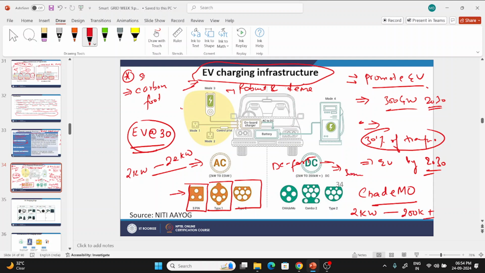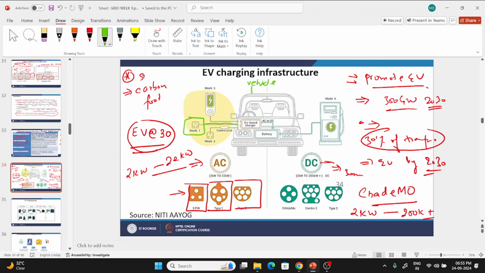Another thing, which you can see in this diagram, is that there are various modes of charging. The first mode of charging is connected by a 3-pin AC charger, and the charger is on board, meaning the charger is on the vehicle.